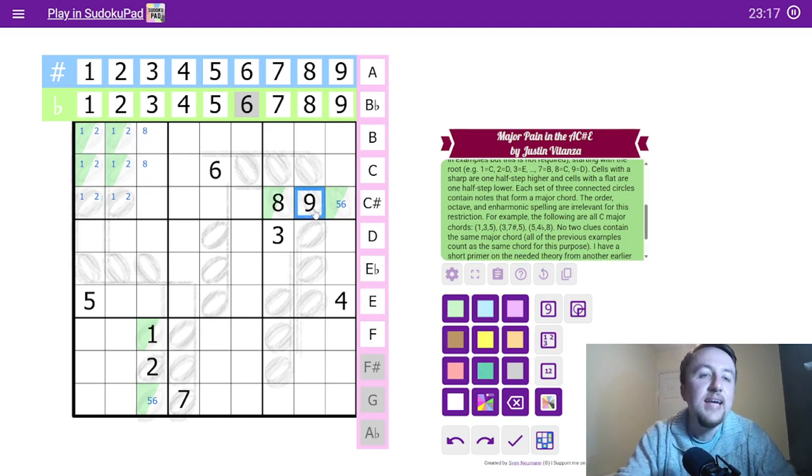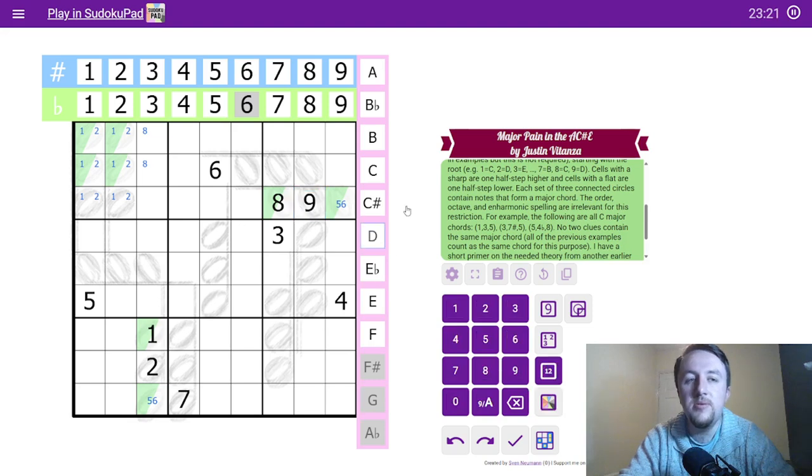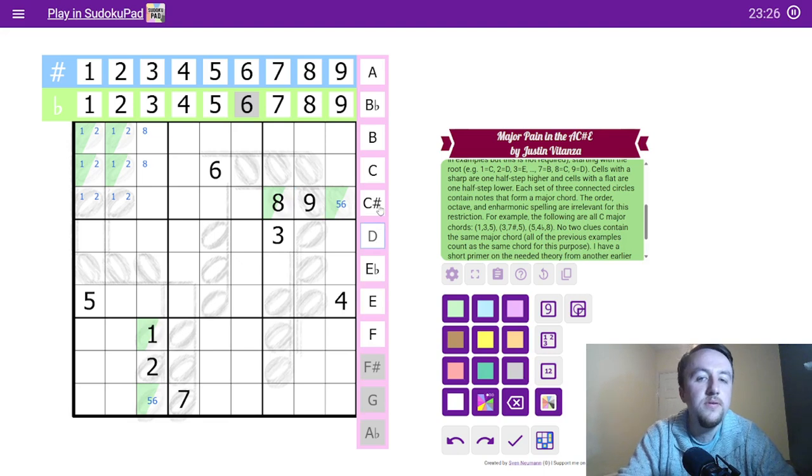But we can say exactly the same thing about the 9. 9 can't go with 2 because they both represent D. And even if you flatten one and sharpen the other, you can't make them far enough apart that they can form 2 out of 3 notes of a major triad.